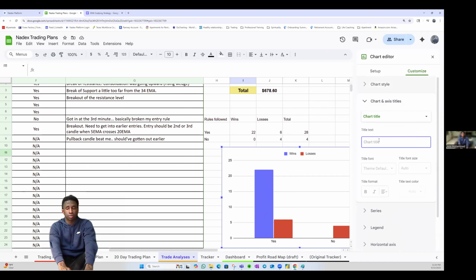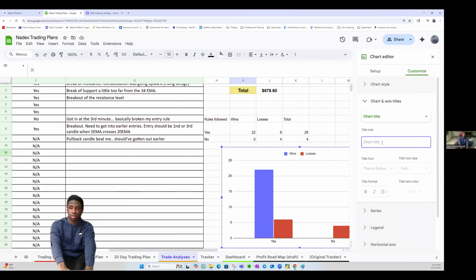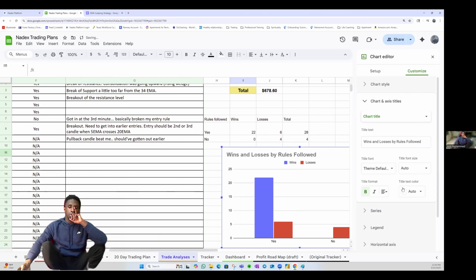Let's see. I'll call it wins and losses by rules followed. Let's make it like that. Let's keep that black. That's enough color to that.